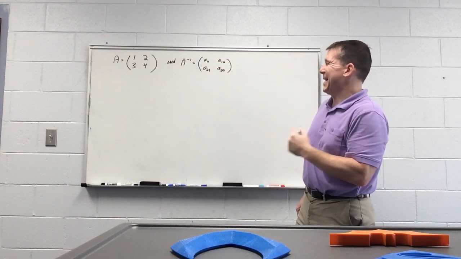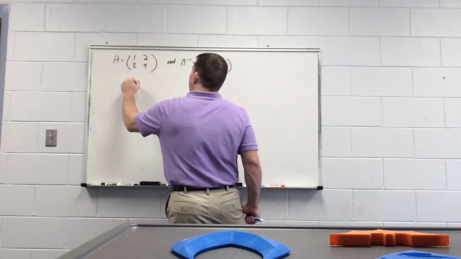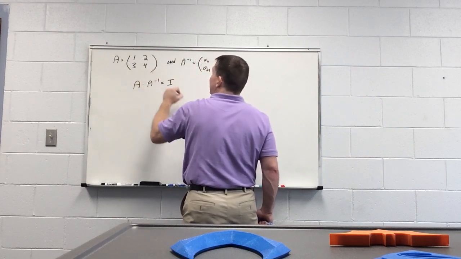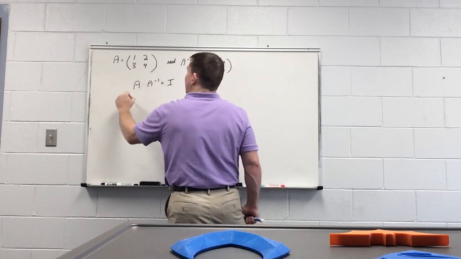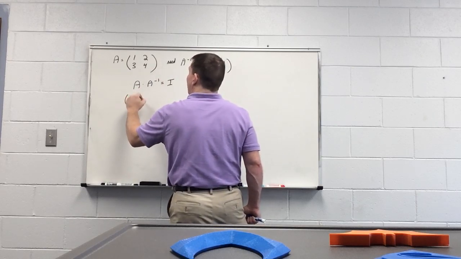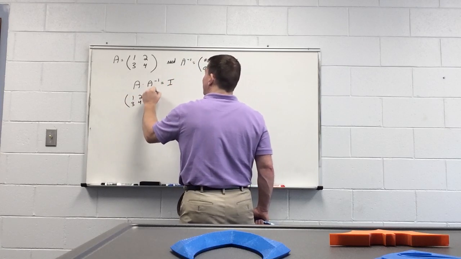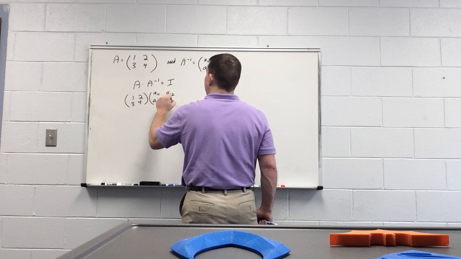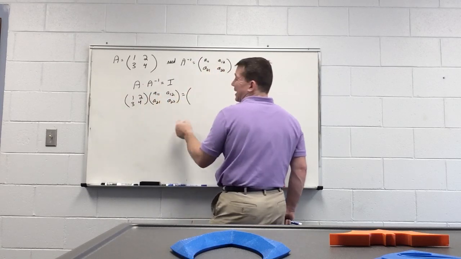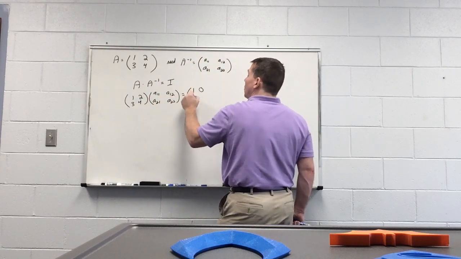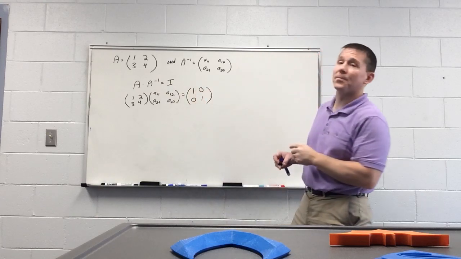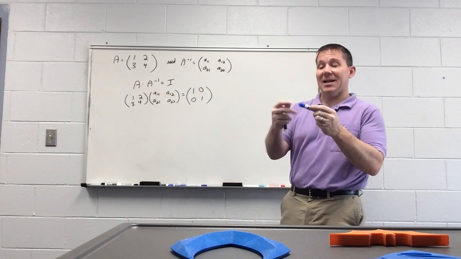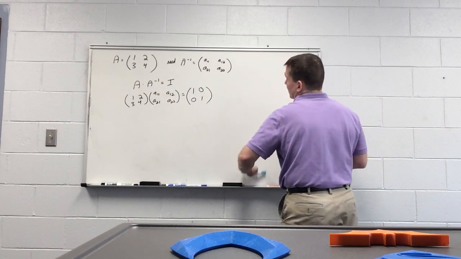I need to find that, and I know A dot A inverse has to equal the identity, which means A, 1, 2, 3, 4, times A inverse, A11, A12, A21, A22, has to give me the 2 by 2 identity, 1, 0, 0, 1. Now just use my multiplication and set up a big system of equations.